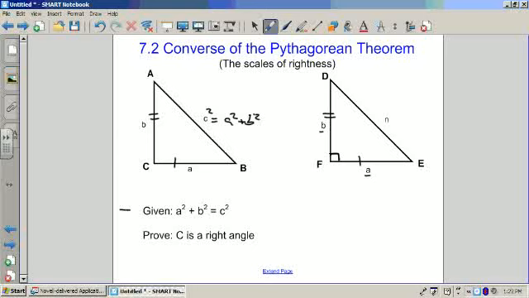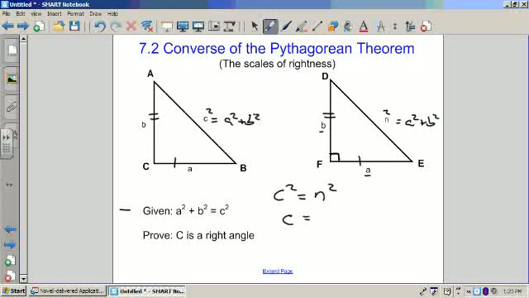The right-hand triangle, triangle DEF, is a right triangle. Because of that, I know that a squared plus b squared equals n squared, or n squared is equal to a squared plus b squared. Using the substitution property of equality, that's going to tell me that c squared is equal to n squared.